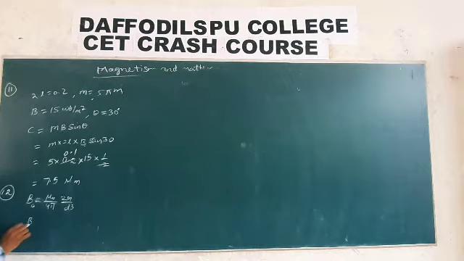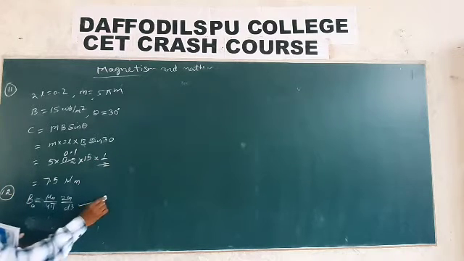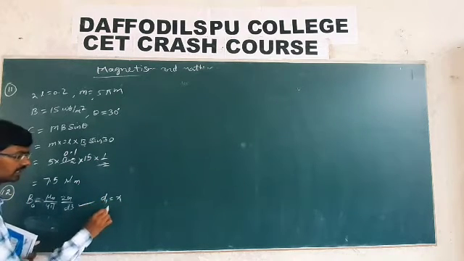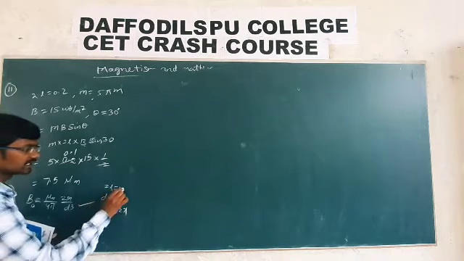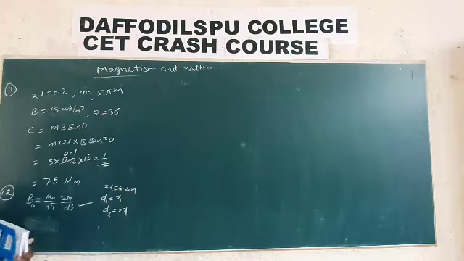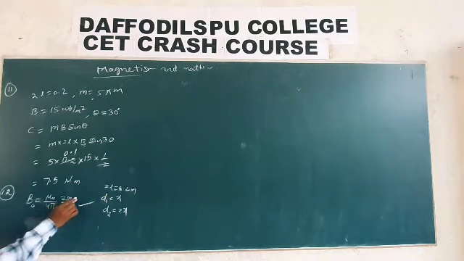Now let us substitute values. 2 into 10 power 4, into 6 into 10 power minus 4, into cos 0 minus cos 60. 10 power 4 and 10 power minus 4 give only 1. Now cos 0 value is 1, 1 minus cos 60 is 1 minus 1 by 2, which is 1 by 2. The 2 cancels, and what you get is 6 joule.